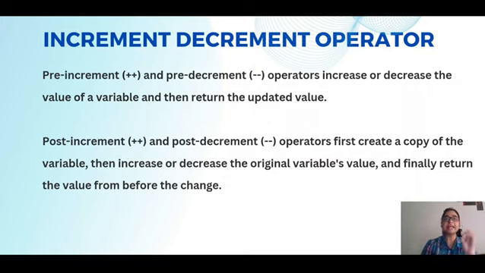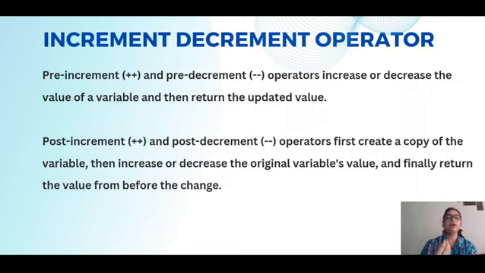That is called the pre-increment operator. Pre-decrement means you first decrement the value of i, and that decremented value itself will be used in whatever lines of code you write, not the original value of i.